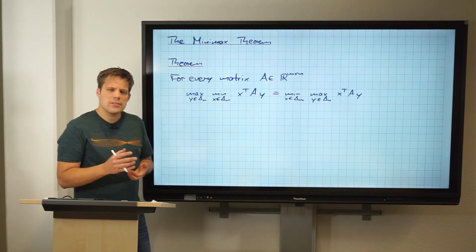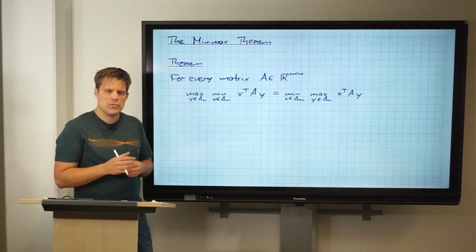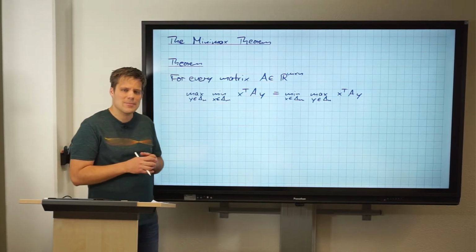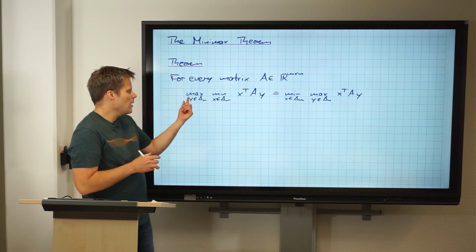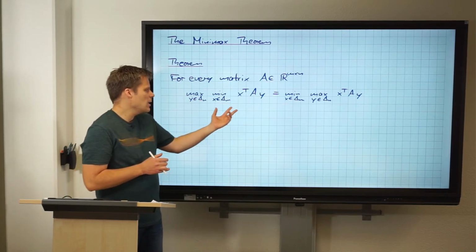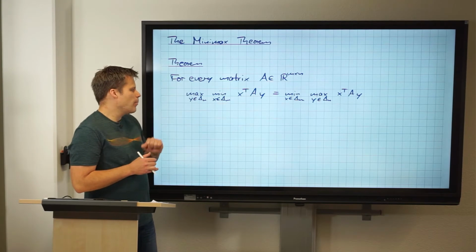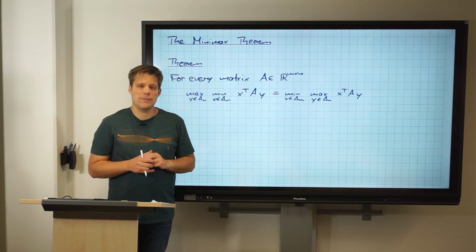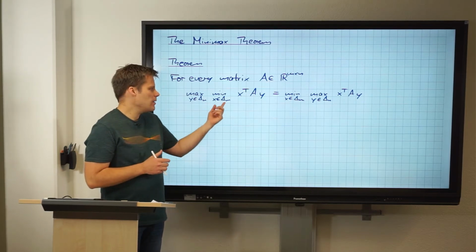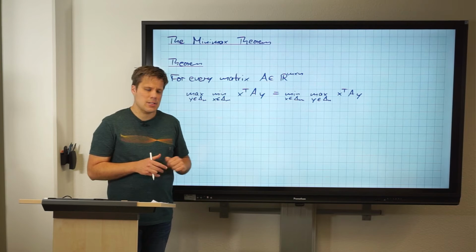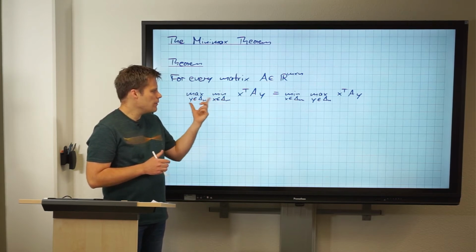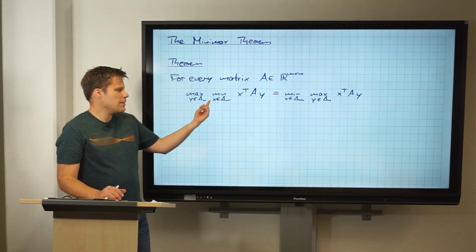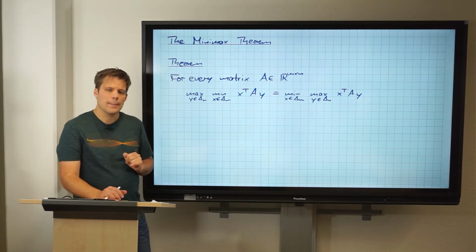And what does this have to do with players choosing the order in which to play, or how does this differ in terms of the order in which the players play? Well, here on the left-hand side, the y player, or the column player, is choosing their strategy first. And then the row player is choosing their strategy, because by the order of these two, max and min, it is implicit that the x may depend on the y.